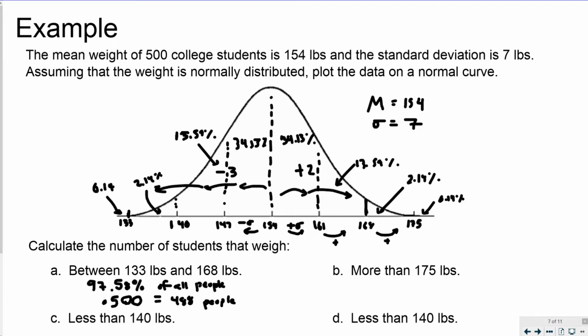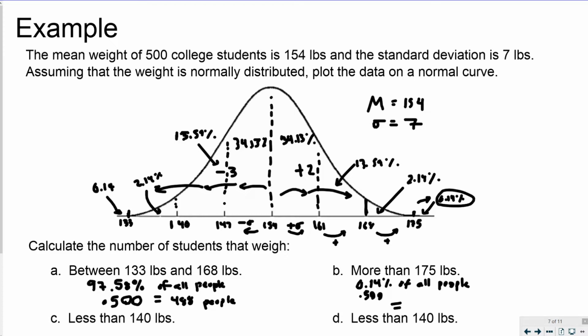So the next question is, how many people weigh more than 175 pounds? What I have is right here, I can already see that it's just this standard deviation up. So it's only this amount of people here for B. So we're going to take the 0.14% of all people. That's the only people who meet this criteria, excuse me. And we are going to multiply that by the 500 people again.